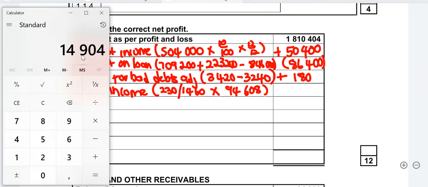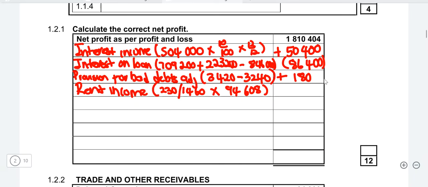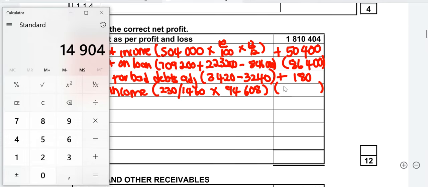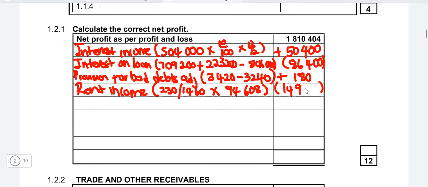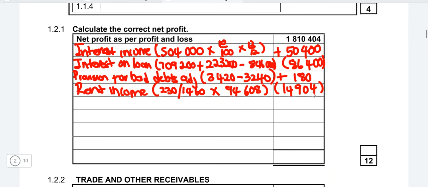We're still getting that 14,904, which means our calculations were correct. Now after subtracting that, you're going to put this in the amount. Remember I said income received in advance must be subtracted, so we are going to subtract 14,904, and then we'll be done with this part. Then we move on to the next transaction.